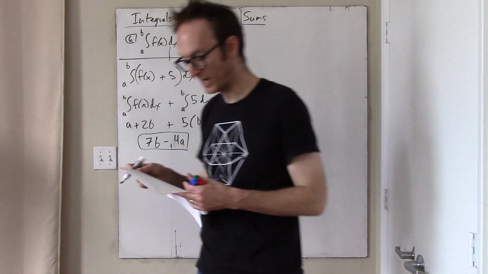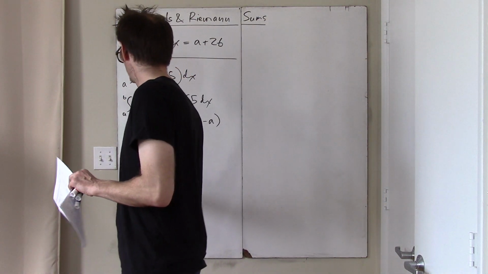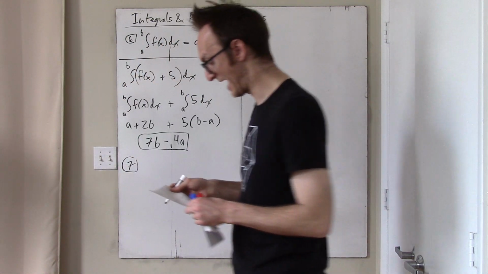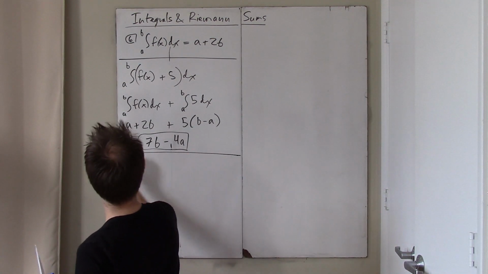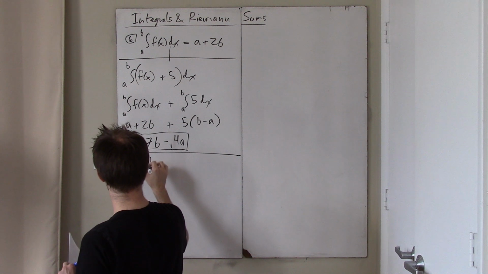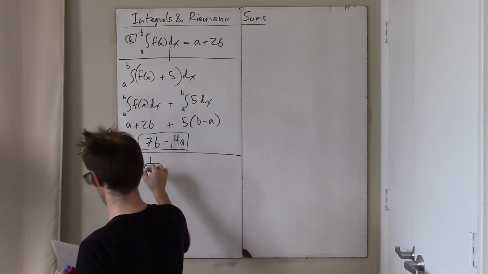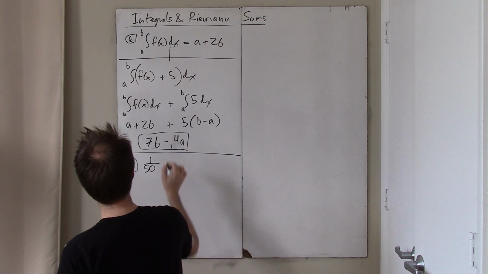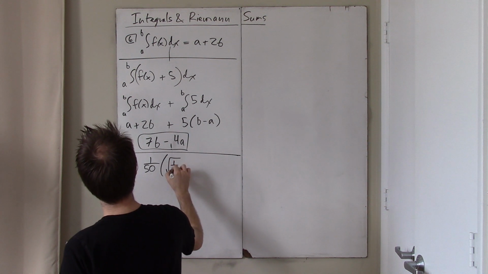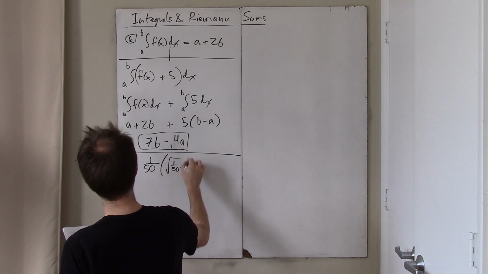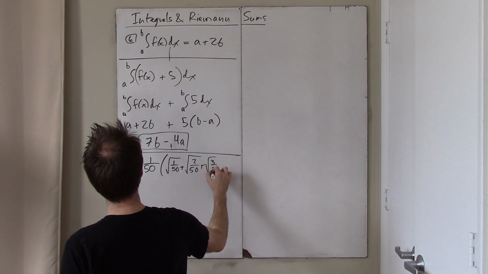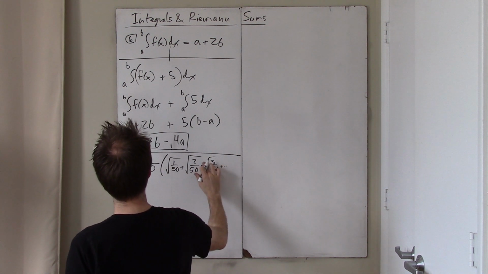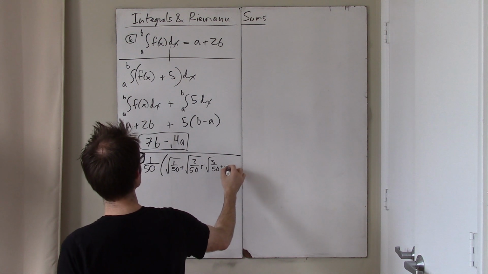Okay, how about number 7? Number 7 is actually just like the front page as well, but with a little bit of a twist. Now this is 1 over 50 times root 1/50th plus root 2/50ths plus root 3/50ths all the way to root 50/50ths.